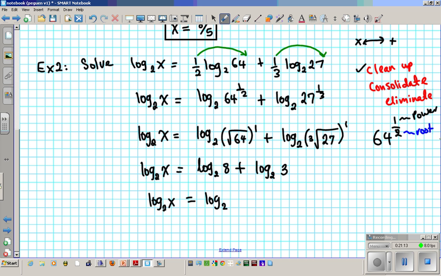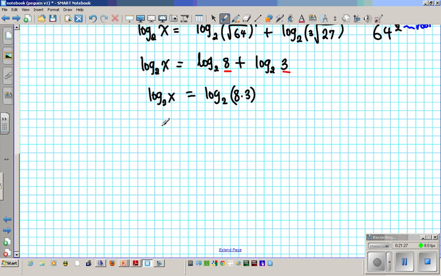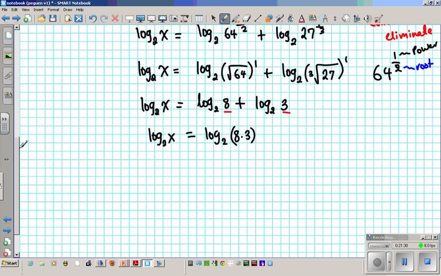I'm dealing with the numbers inside the logs, which are 8 and 3. So we're going to simply multiply them, 8 times 3. You can just multiply it; I'm trying to show you all the steps. So what do we have? We have log base 2 of x equals log base 2 of 24.